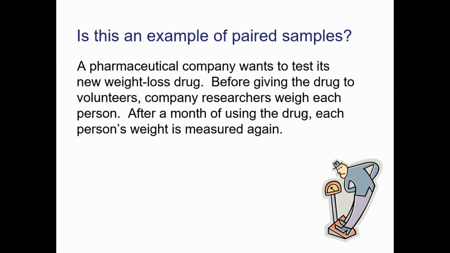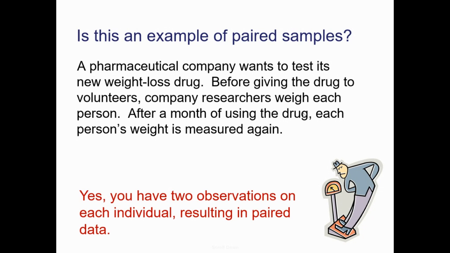Actually, this one would be paired, because you have two observations on each person. They're going to weigh them before they give them the drug, and then weigh them after a month of using it. So yes, this is a paired sample.